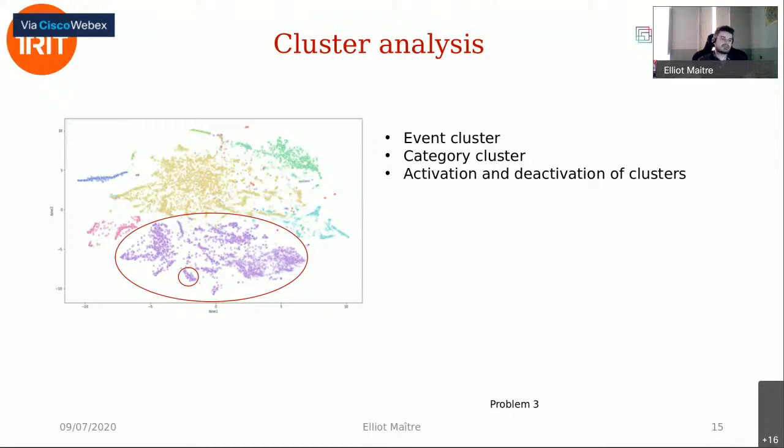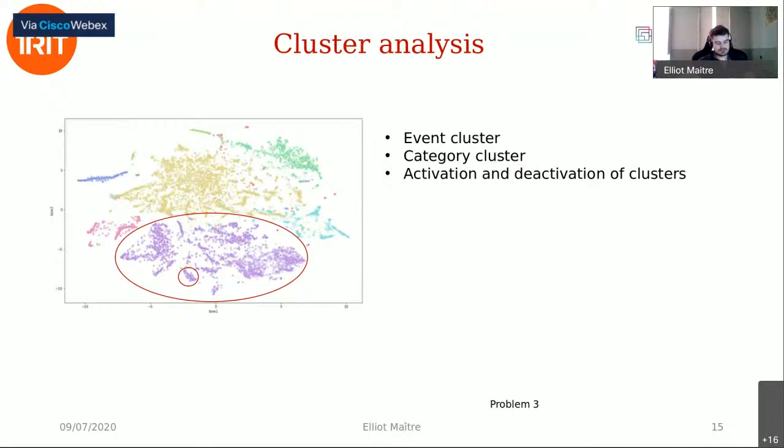Then we will work on activation and deactivation of clusters. As I said, the time aspect of the clusters is really important for us. We think that if there is a huge density of new documents in a small area of space, it means that this topic is highly discussed on social media, for example, which means that the event is probably taking place at the moment.